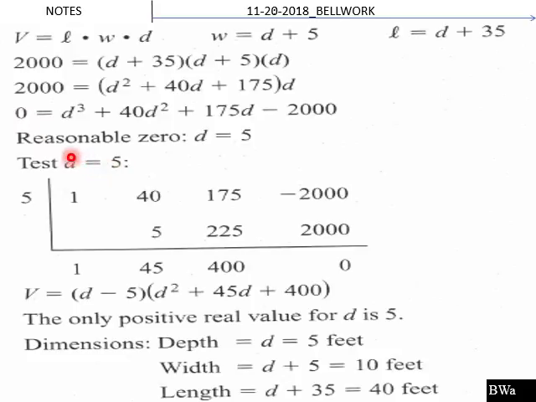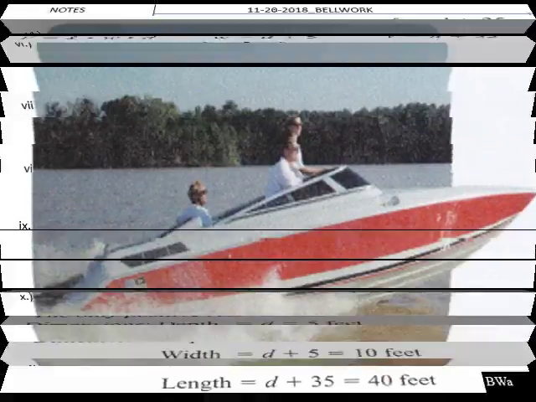So we test it. We divide 5 into this, and we get this. So the volume is d cubed minus 5d squared plus 45d plus 400. So again, we plug in 5 and we get these dimensions: 10 feet wide, 40 feet long, and 5 feet deep.